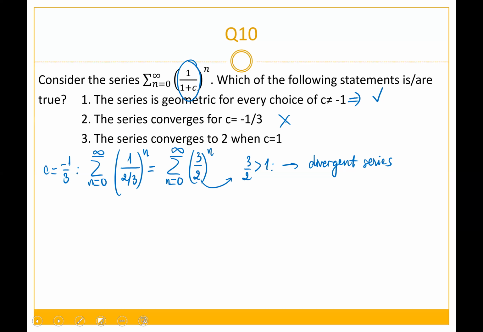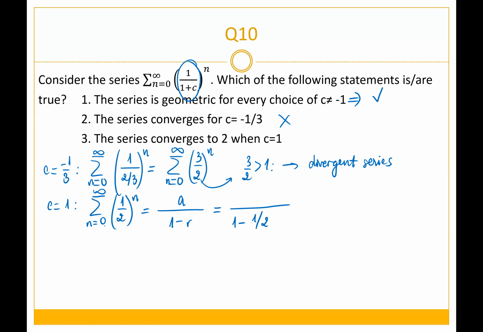Now let's look at the third one. The series converges to 2 when c equals 1. When c equals 1, the series is going to be (1/2) to the n. And so the sum of this series is going to be our first term over 1 minus the factor that we multiply, which is going to be 1 minus 1/2 here.